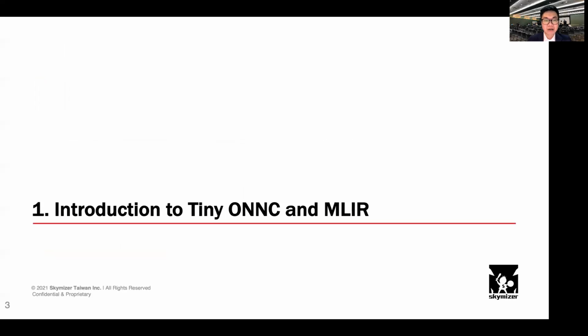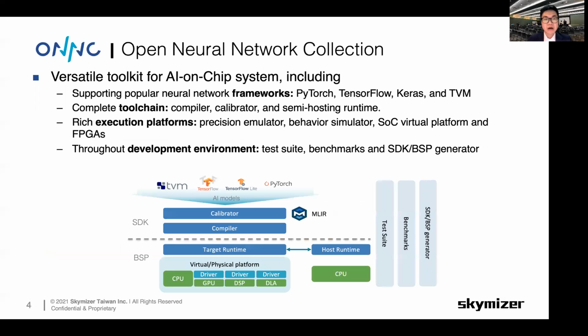Okay, first, TinyONC and MLIR. ONC is Open Neural Network Collection. It's a versatile toolkit for AI on-chip systems, which includes a complete toolchain, including compiler, calibrator, and semi-hosting runtime.